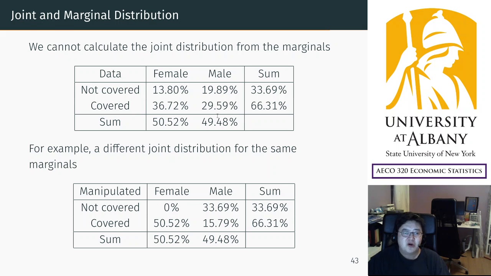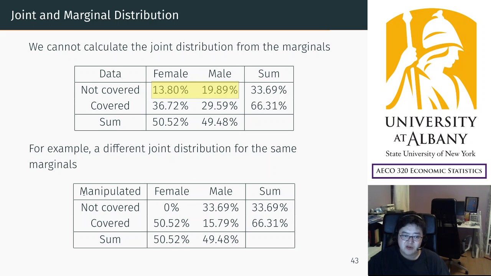The answer is no, and one possible way to understand it is that we know the true value. So even if we cannot calculate, we know the true joint distribution. But what we can do here is change the joint distribution numbers, these four numbers here, without affecting these marginal distributions.